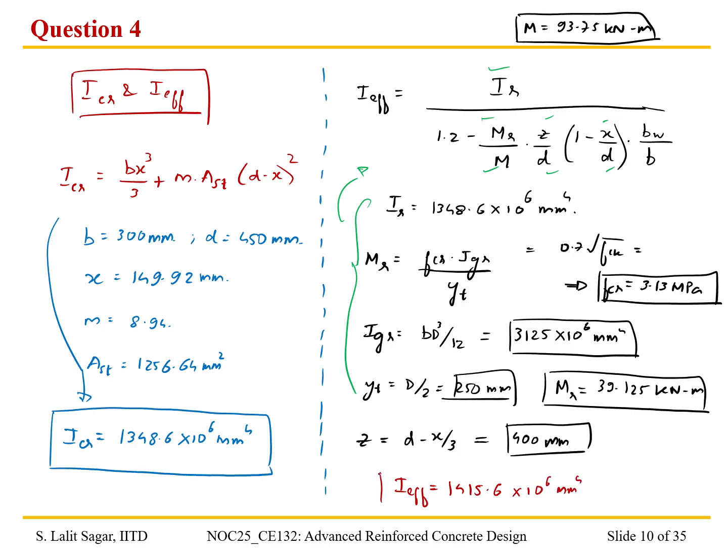As per the IS code, it is mentioned that this I effective needs to be greater than the ICR or the IR. So let us go back to the options and see which one matches our results. I effective is 14.16 and this is 13.49.